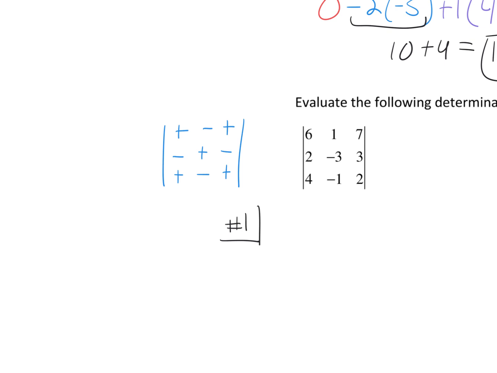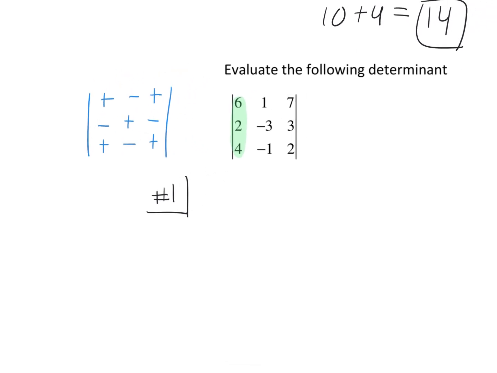You can pick any row, any column you want to. So just to show you that it works with anything, I'm going to pick this column. So with the 6, the 2, and the 4, I'm going to pick that one. What sign do we see where the 6 is? Positive, right?